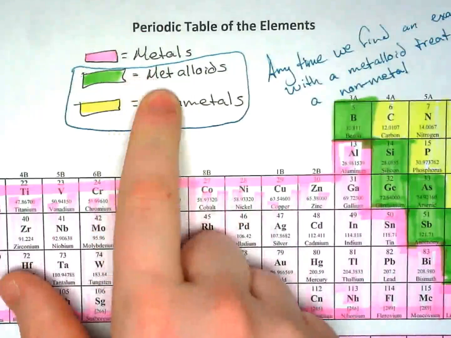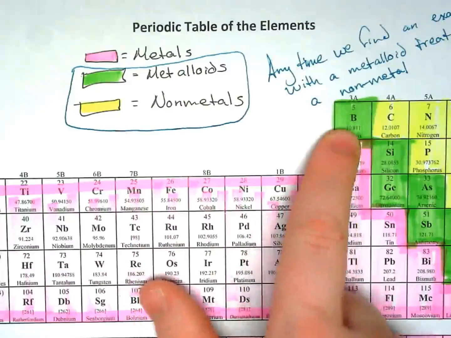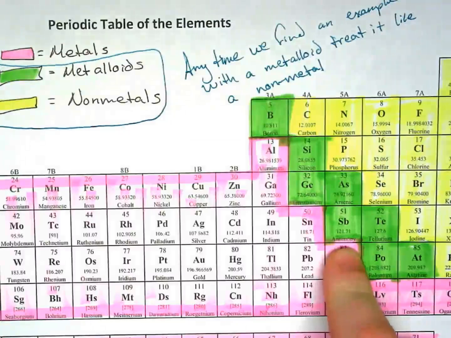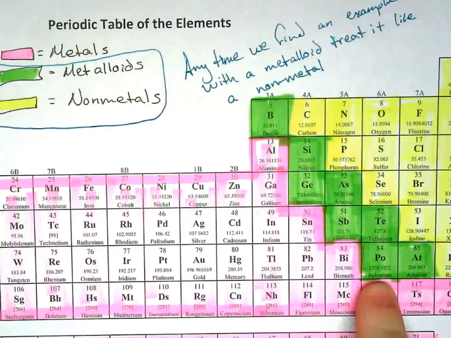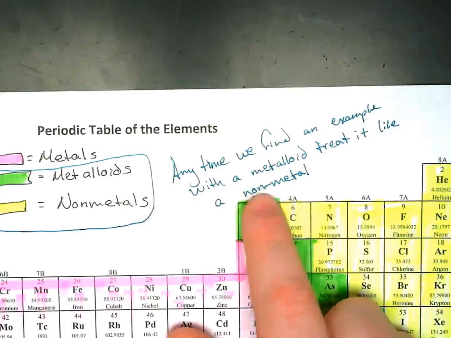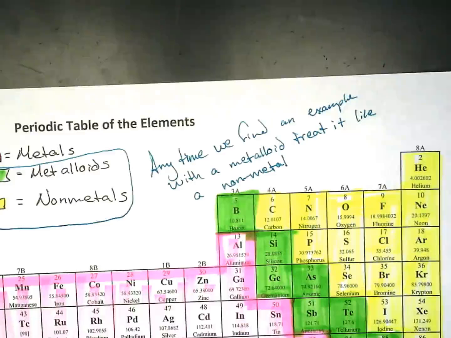Just know that if you are given a metalloid in an ionic bond, so if you're given boron or silicon or germanium or arsenic, antimony, tellurium, polonium, or astatine, you're going to treat these guys as nonmetals, just to keep things simple inside the classroom. Anytime there's an example with these metalloids provided, you're going to just treat them as nonmetals.